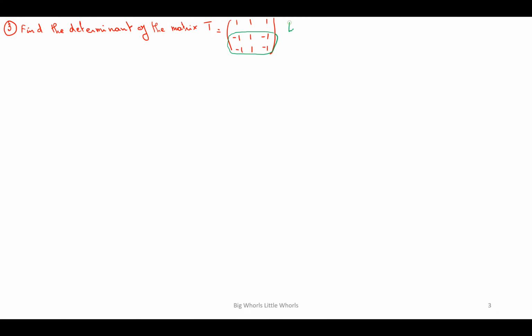We have seen in the lemma that a matrix with two identical rows has a determinant of 0. So let's prove it with an example.